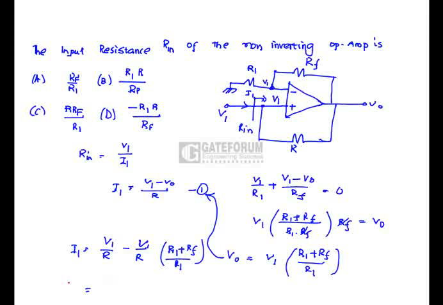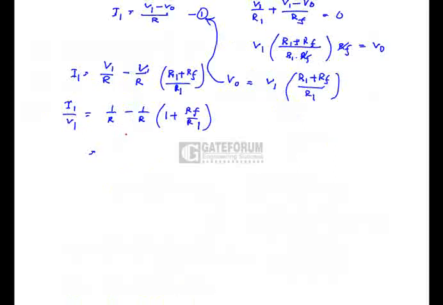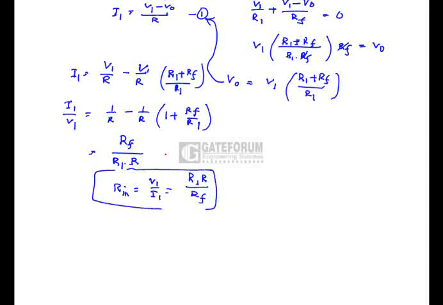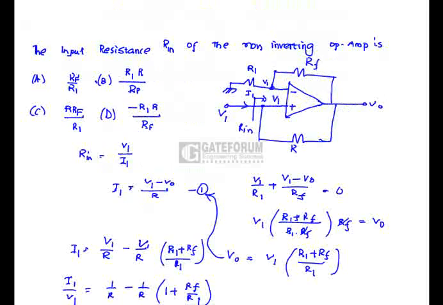So I1 by V1 is 1 by R minus 1 by R into 1 plus RF by R1, that is RF by R1 into R. So input resistance is V1 by I1, so R1 R divided by RF. So option B is correct.